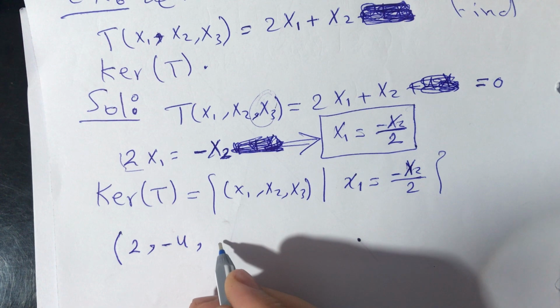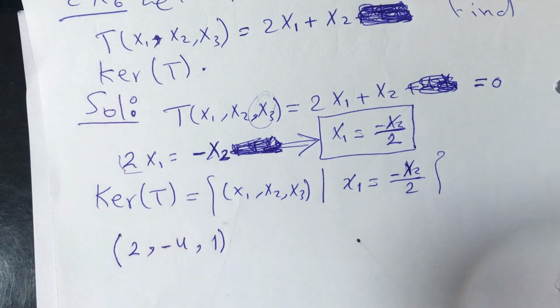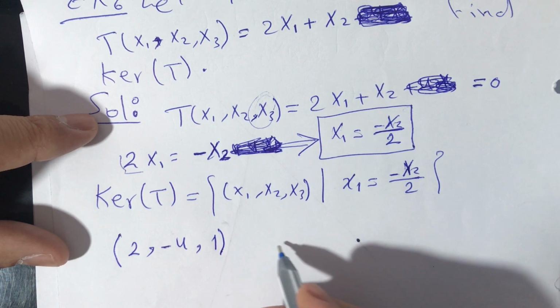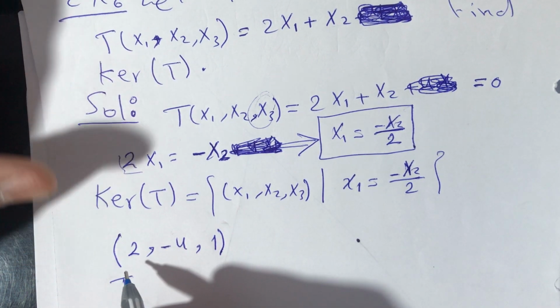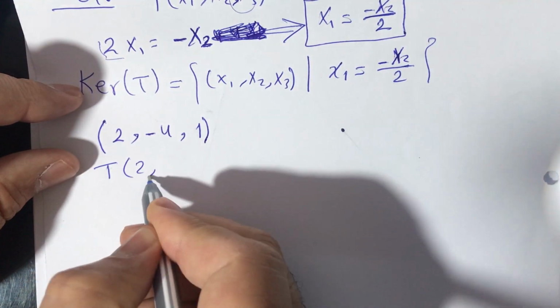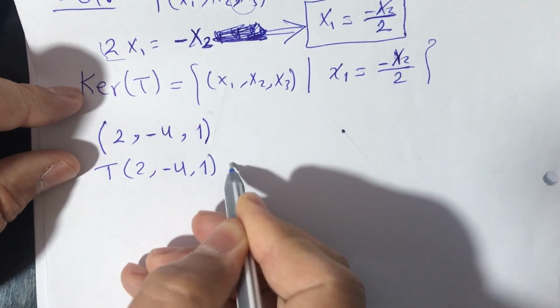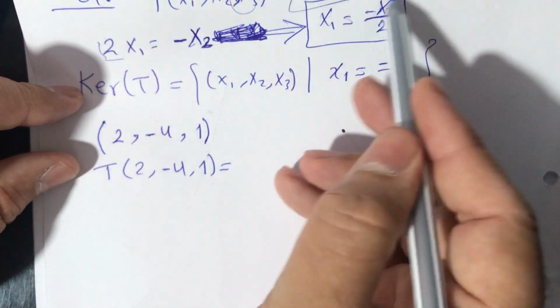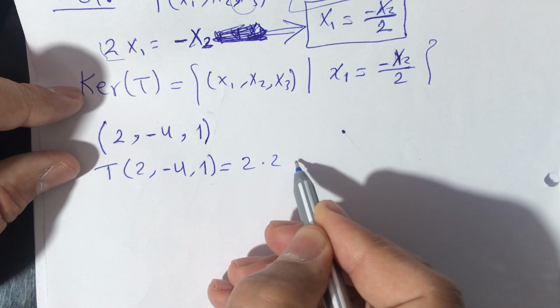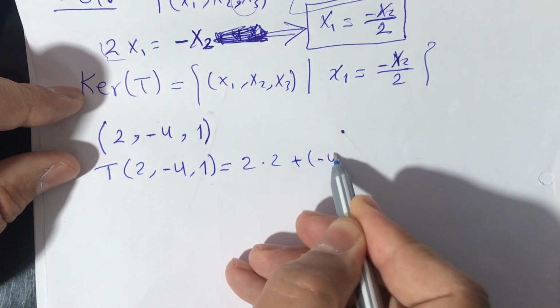And here it doesn't matter which value, like 1. T of the point (2, minus 4, 1) is equal to, by definition, 2x1, 2 times 2, plus minus 4.